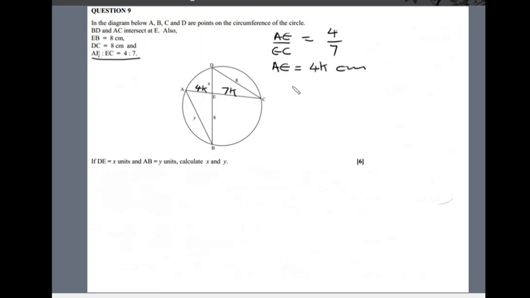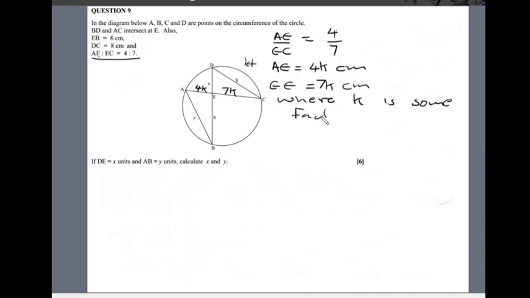Let AE be equal to 4k centimeters and EC be equal to 7k centimeters, where k is some factor.